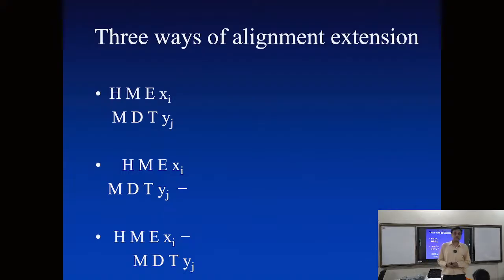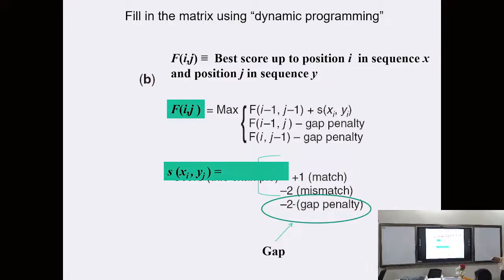The whole idea of this algorithm was to use a recursion function which computes the best score up to position I in sequence X and position J in sequence Y. You want to align two sequences X and Y.